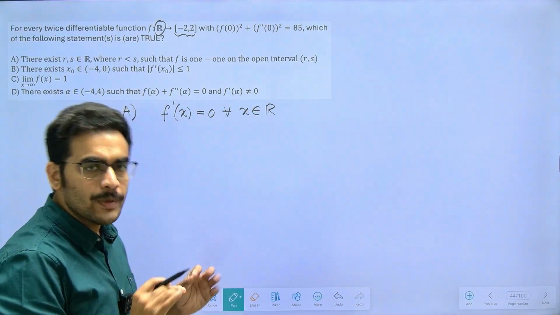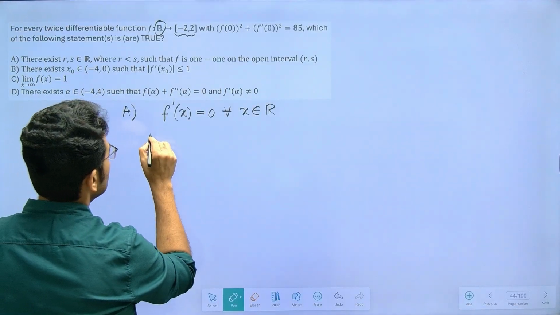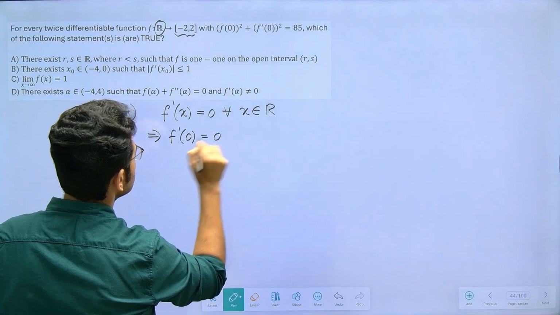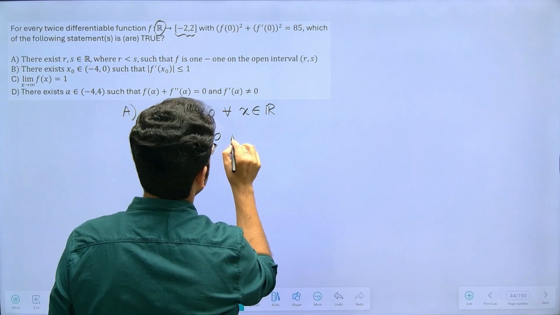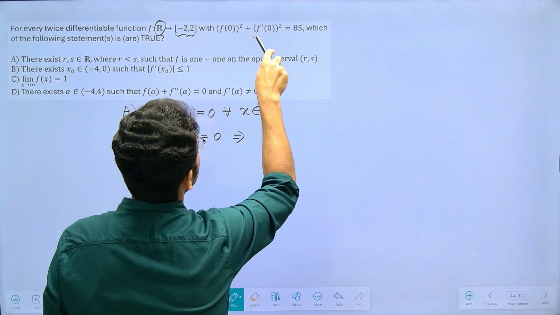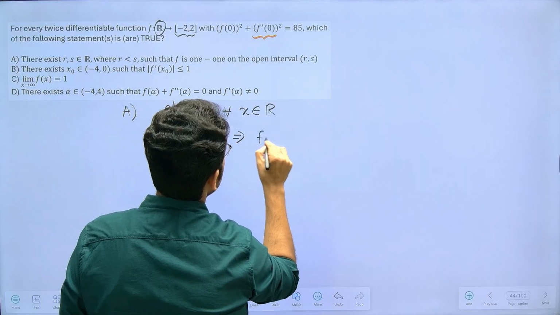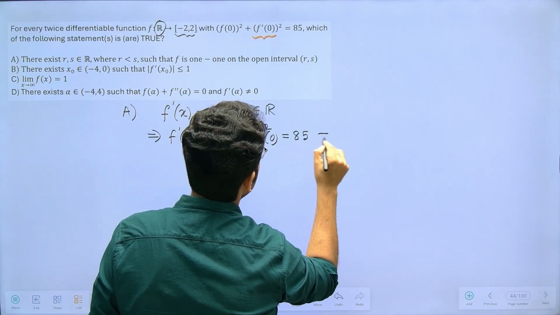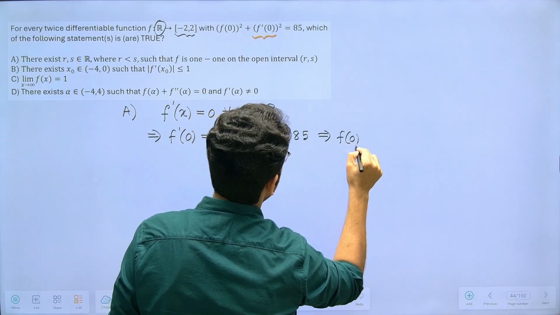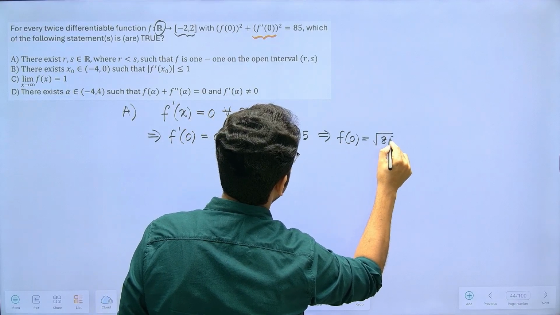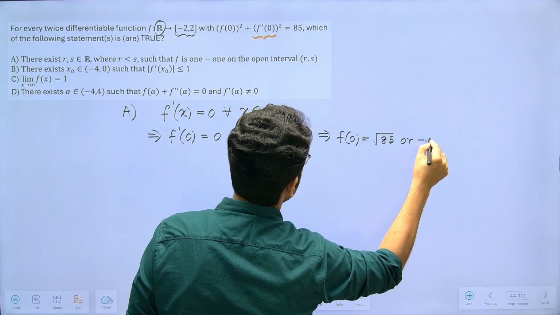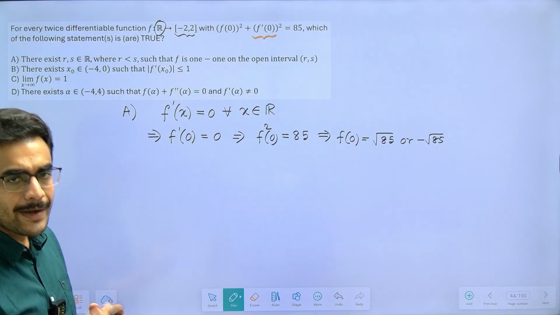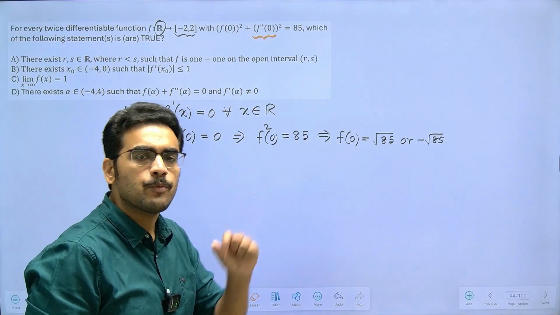If the derivative is always 0 for every real value of x, then that implies f'(0) should be equal to 0. And if f'(0) is 0, then f(0)² will be equal to 85, and that will imply f(0) has to be either root 85 or minus root 85, which is approximately 9 point some value or minus 9 point some value.